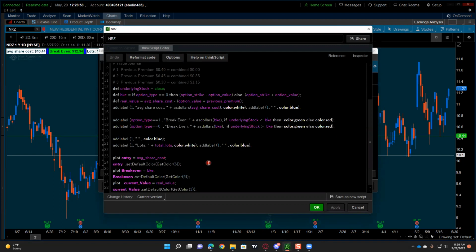This can be turned into a watch list label that could go into your watch list column showing the stocks that you own. And then at a glance, you can look at that watch list column and see stocks that are above your break even or below your break even. There's so many things you can do, right?